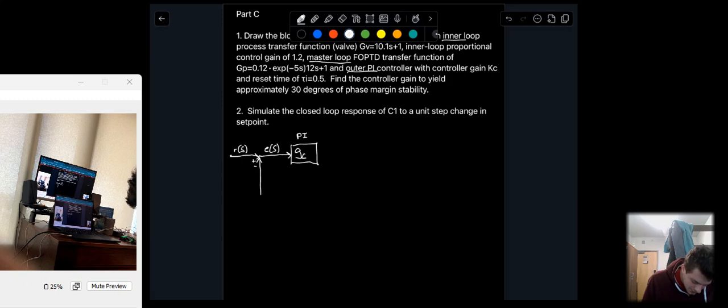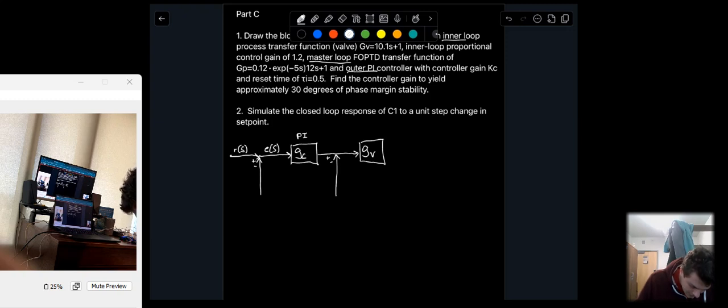Okay, so then we're going to go into our inner loop here. And what's going to happen is basically now we're going to have another set point take place here. Here's going to be our other set point, and we're going to go into another controller here. In this case, we're going to call it a valve.